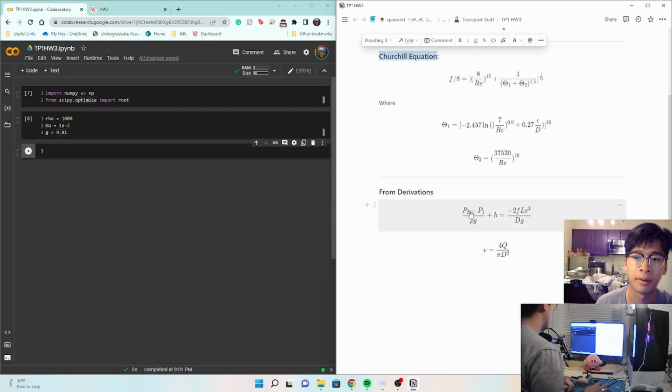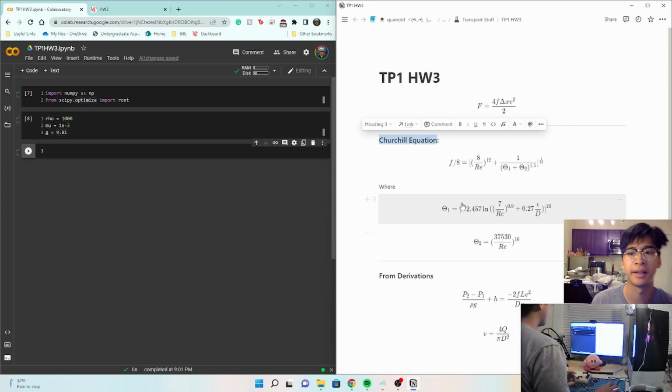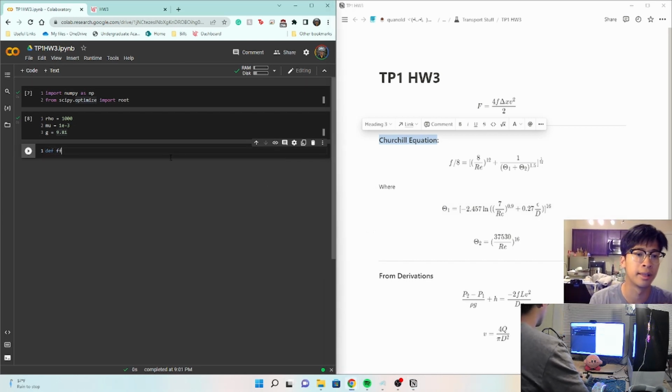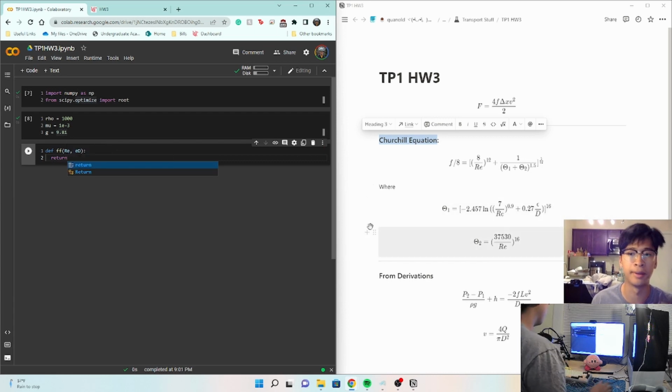And we've also grabbed our derivations for head drop from the Bernoulli's equation down below. So the first task at hand is to write a function that calculates the friction factor. So let's do friction factor, RE and ED. And that's pretty simple. It's a simple matter of just copying this over.